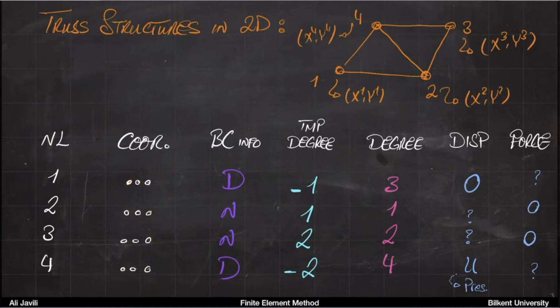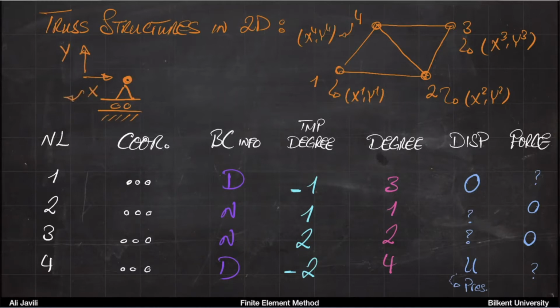Now, for each of those, you can also have a different type of boundary condition. So you can think, for instance, of a node that is on a roller like this. Then it can move in the x direction, but in the y direction, it's basically fixed, right?